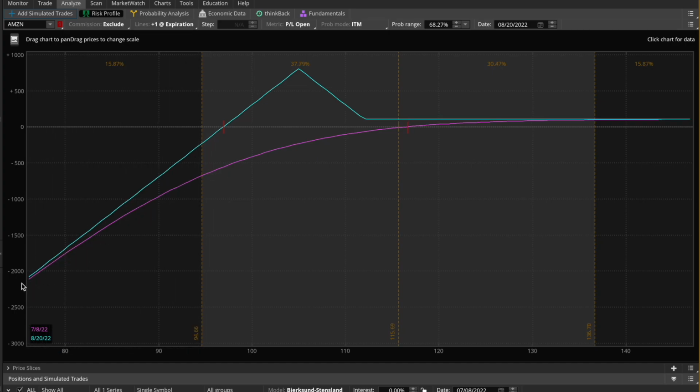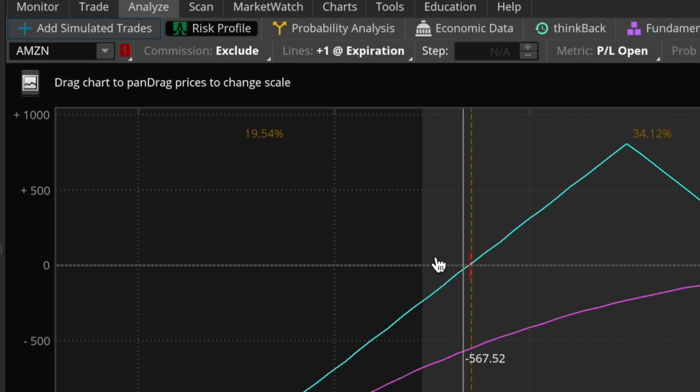But that being said, what is the chance, or the actual probability, of Amazon finishing below your break-even point? Well, what I can do is take this left dashed line and simply drag it over and match it with that exact break-even point. Now as you can see right here with this percentage, this is the actual probability that Amazon finishes anywhere in this area, or basically just below $97 per share by the expiration date.